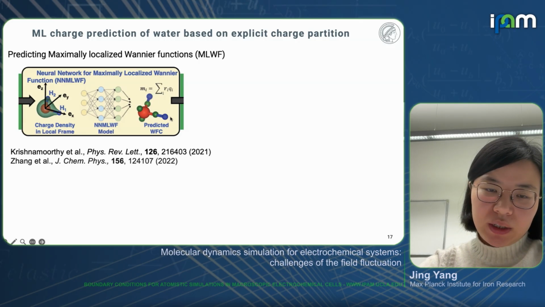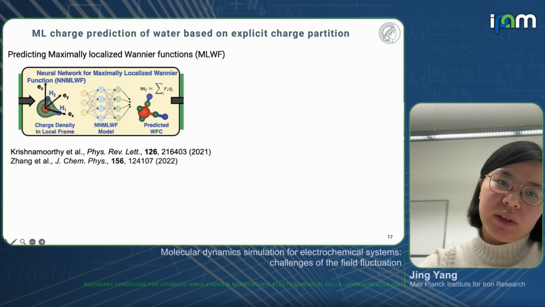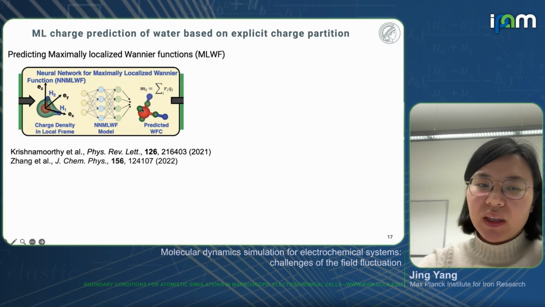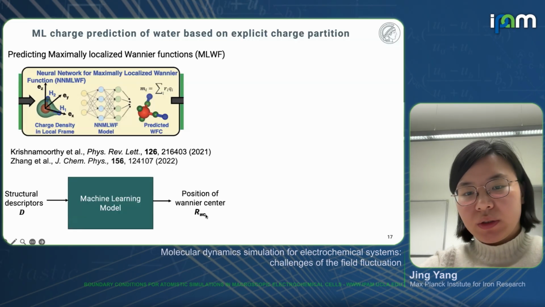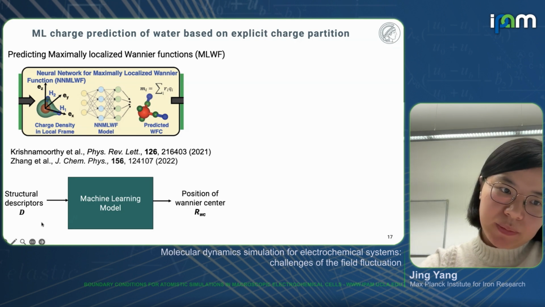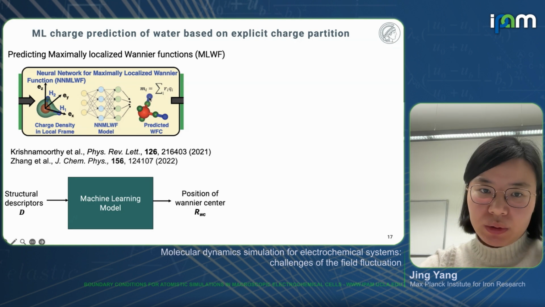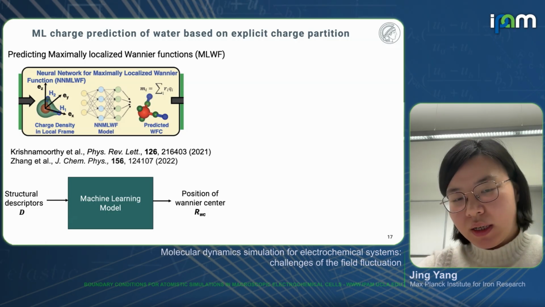It will have the 3 ions, 1 oxygen and 2 hydrogens. And then additionally, it will be associated with 4 Wannier centers, each corresponding to 2 electrons. In this way, you have a machine learning model that predicts the positions of these Wannier centers from the structural descriptors. And from this local charge distribution, you can then calculate the long-range electrostatic interactions.